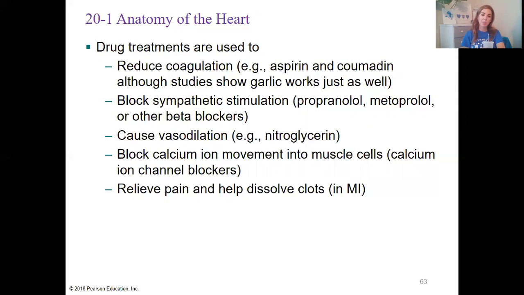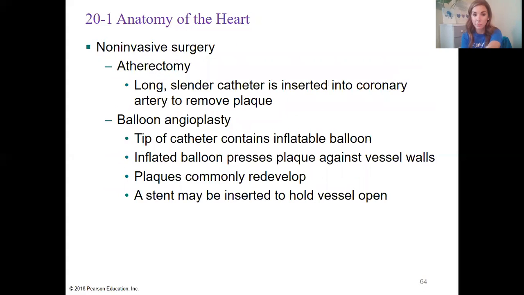If we block the sympathetic stimulation, different drugs will do that, such as beta blockers, in order to help block the receptors that will cause the heart rate to increase. And we'll talk about sympathetic versus parasympathetic stimulation a little later on. There are drug treatments that can cause vasodilation, such as nitro, or those that block calcium ion movements, calcium channel blockers, different things that are available, again depending upon the patient and other factors in regards to their health as well.